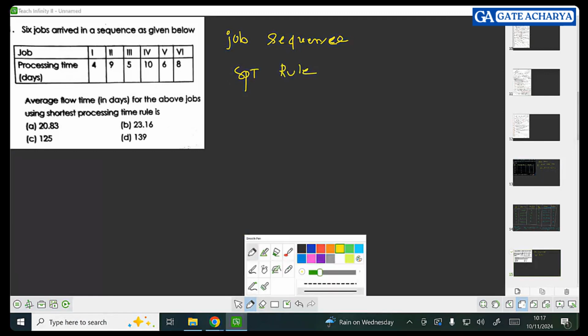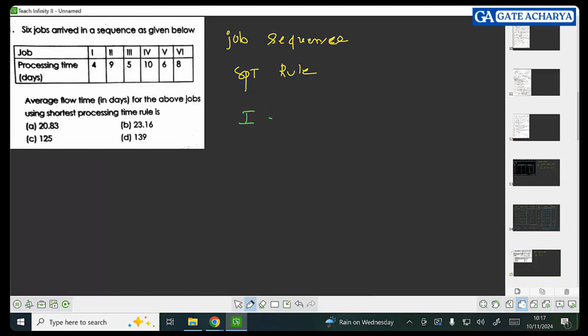From there, your job sequence is first job, and then third job, and then fifth job, and then sixth job. Then second job, and then fourth job.